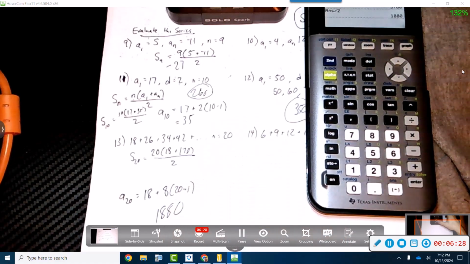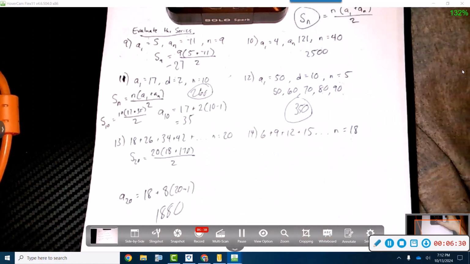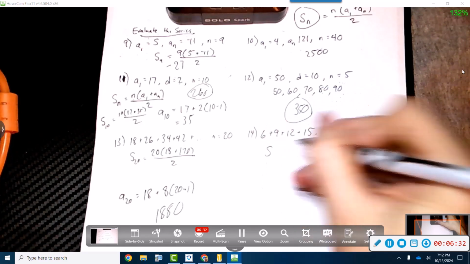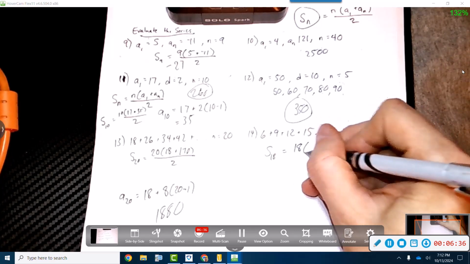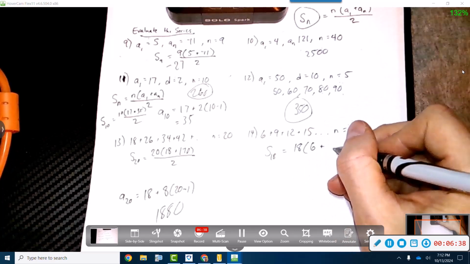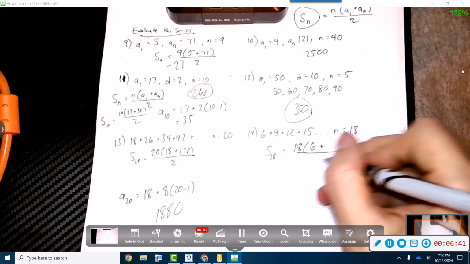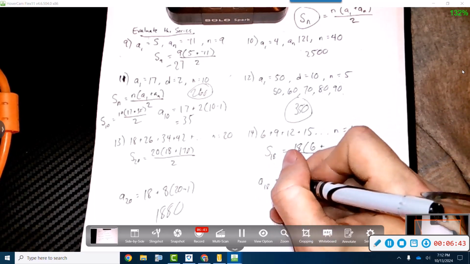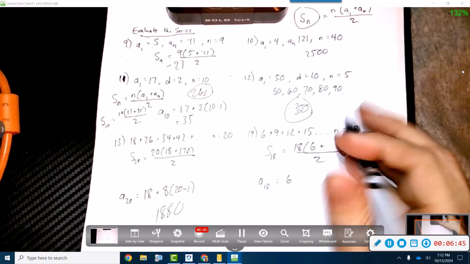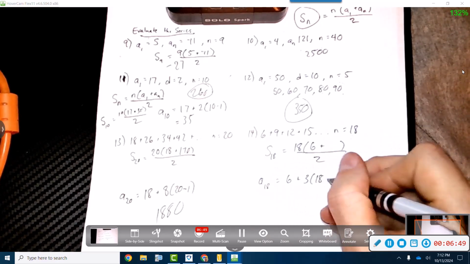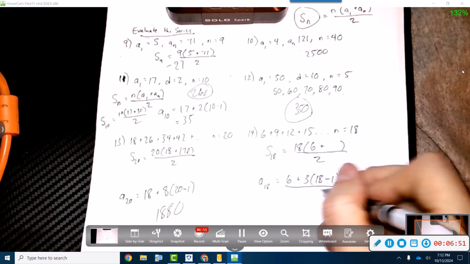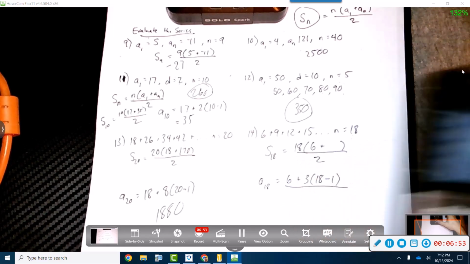All right. Next one. You've got 18, so we're looking for the 18th term. We need to know what that last term is, so we'll leave it blank and go grab that 18th term. We're starting off at 6, and it looks like we're going up by 3. And we're going to go up 17 terms. Nope, don't divide. That's it.